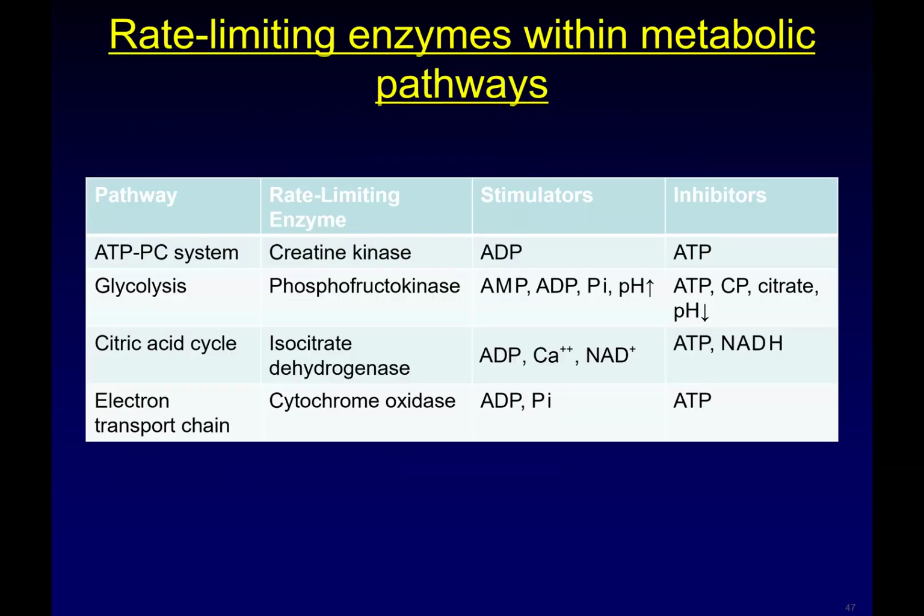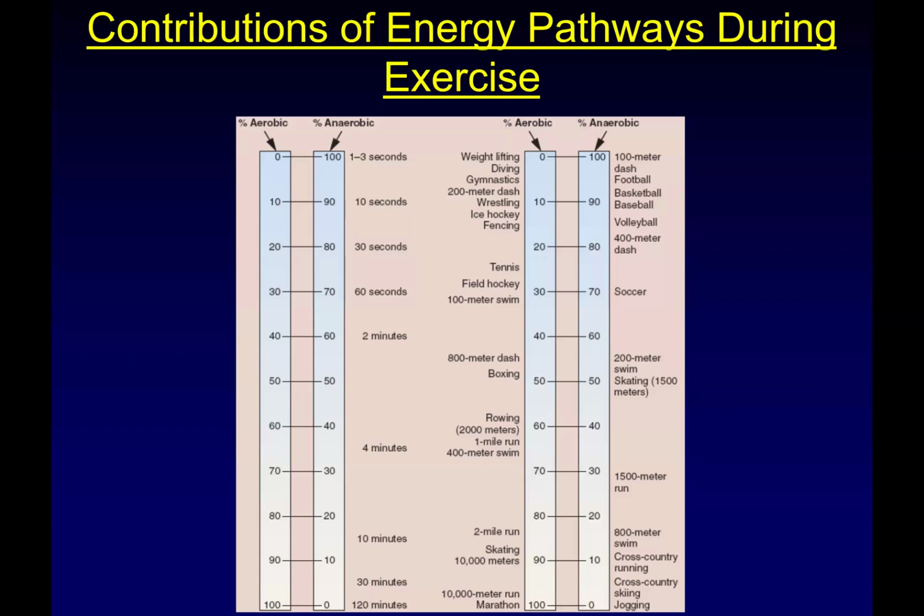Okay, so this is just a list of the rate limiting enzymes. And I'll leave you guys with this last little bit here, okay? This is showing the relative percentage of energy provided from aerobic and anaerobic pathways, from completely anaerobic all the way to essentially completely aerobic.